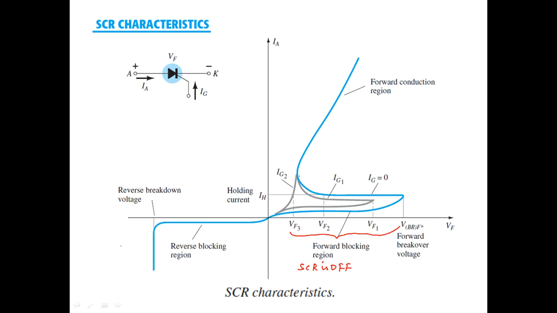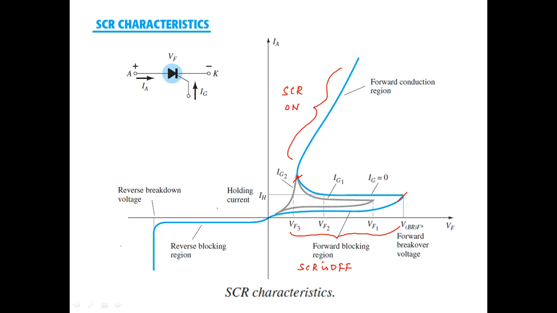And this is a stage in the characteristics where there is a sudden reduction in the voltage across the junction of the SCR. It is only after this stage that there is a sudden increase in the current, so we say that in this stage the SCR is on.